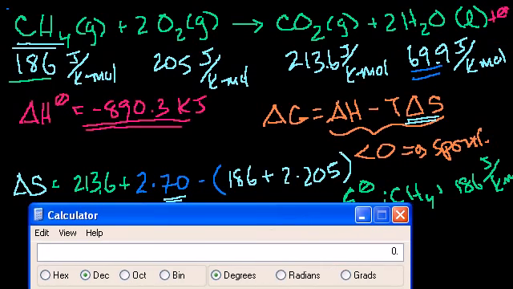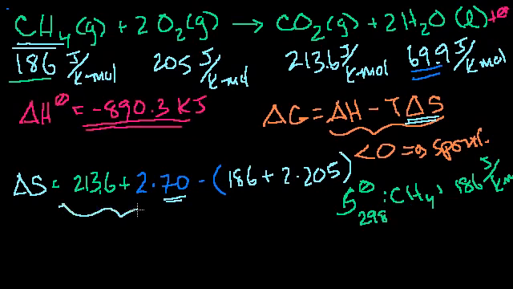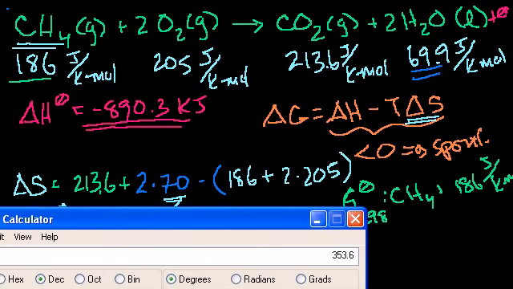Let's confirm that. So I have 213.6 plus, well, 2 times 70 is 140, which is equal to 353.6. And then from that, I'm going to subtract out 186 plus 2 times 205, which is equal to 596.